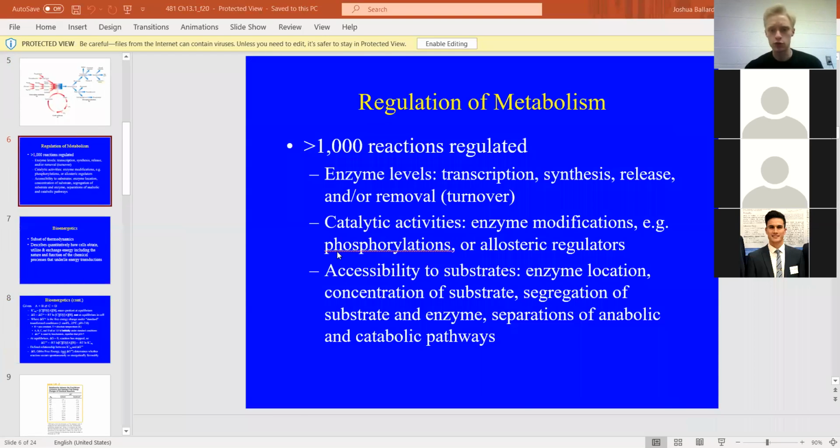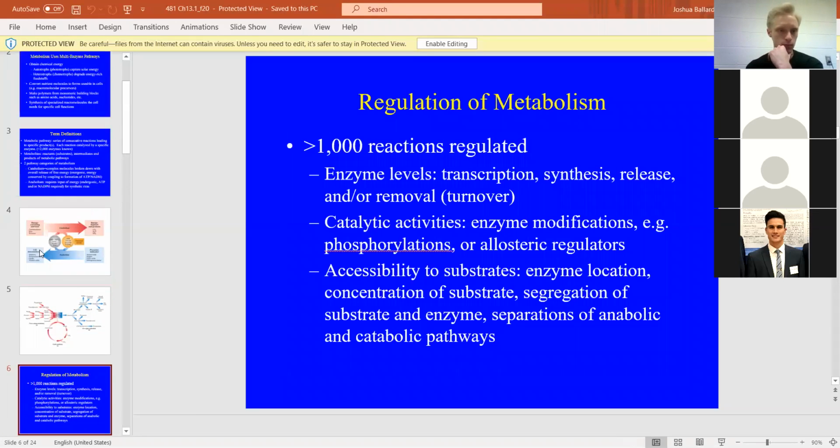It says know about general strategies for enzyme regulation. So these are just different ways that enzymes can be regulated through transcription, synthesis, release, catalytic activities, phosphorylations, allosteric regulators. These all regulate enzymes. So this would be a good slide to know for that one.